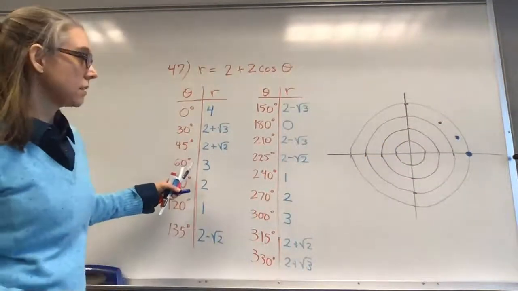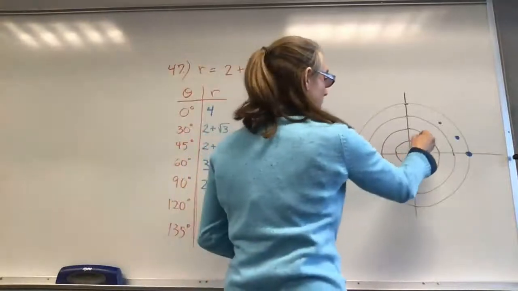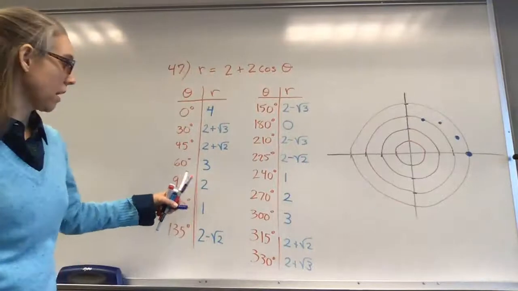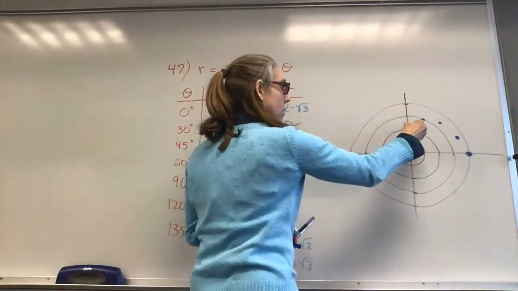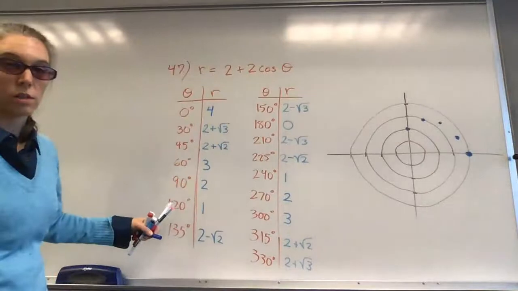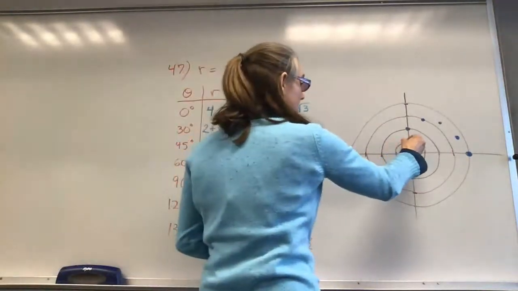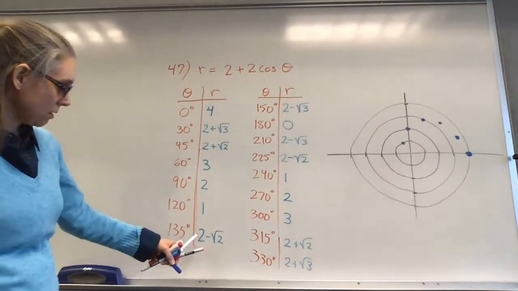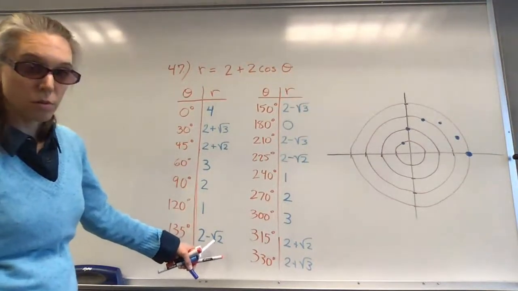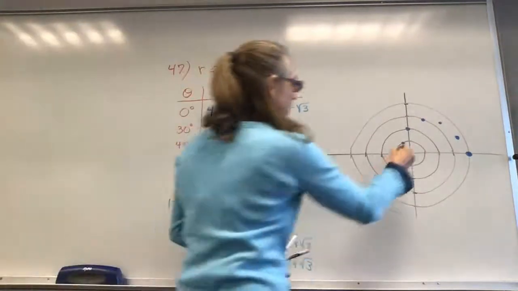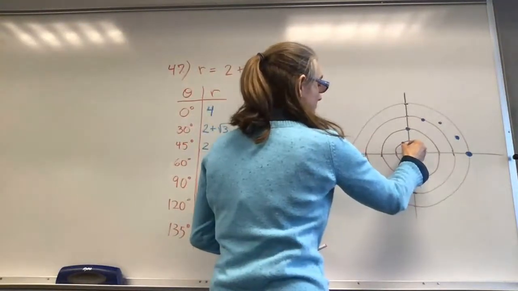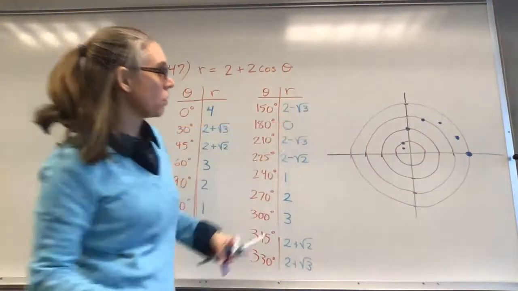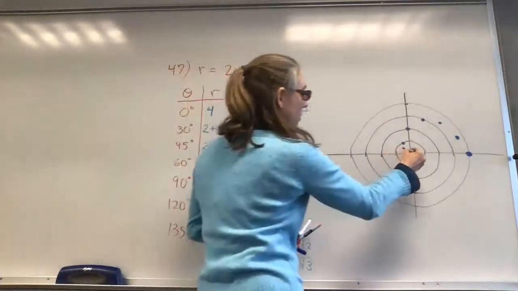At 60 degrees, I need a dot at 3. At 90 degrees, a dot at 2. At 120 degrees, a dot at 1. At 135 degrees, this is 2 minus 1.4 roughly, so that would be 0.6. And then 2 minus 1.7 is about 0.3.